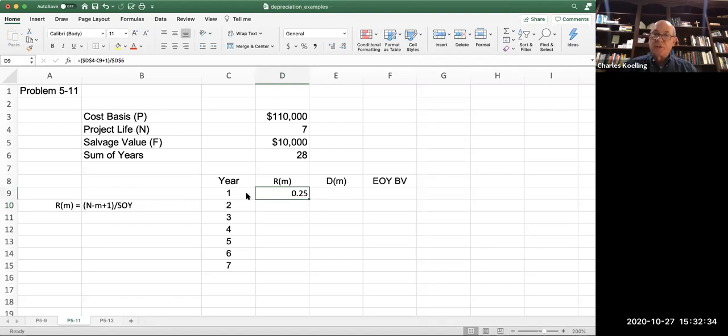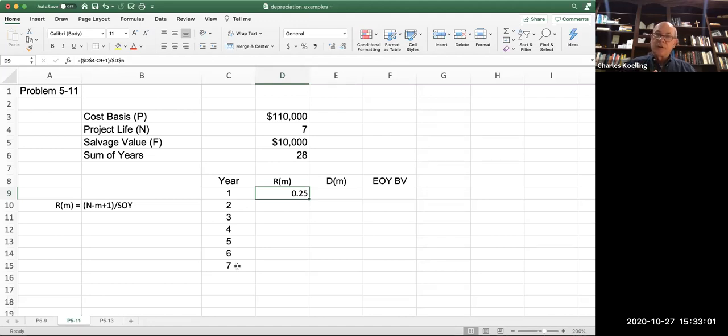0.25 is for the first year, and we could do that as a fraction. If you do it in your head, you know that the years remaining in the first year it's 7, and in the 7th year it's 1, right? We could take these numbers here and just reverse them, and it would be 7, 6, 5, 4, 3, 2, 1. And for each one of those, of course, we need to divide it by the sum of years.